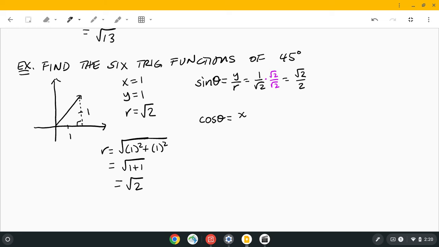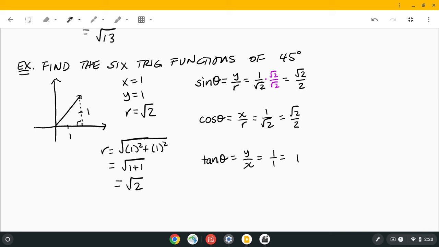Cosine theta is x over r, so that's going to be 1 over square root 2. That's going to be the same answer, so square root 2 over 2. And then tangent theta is y over x. So that's going to be 1 over 1, which is just 1.